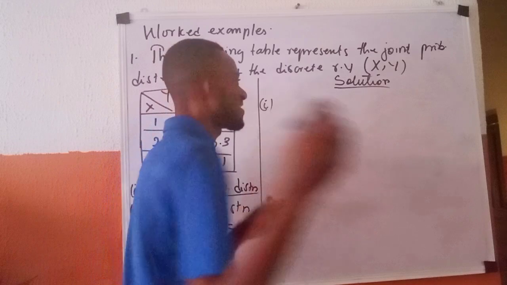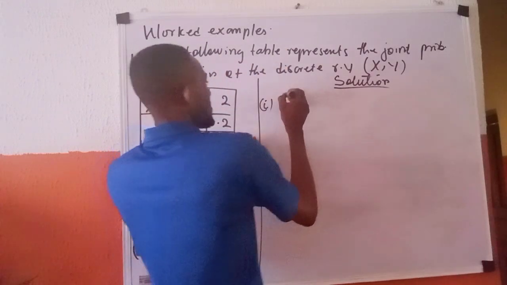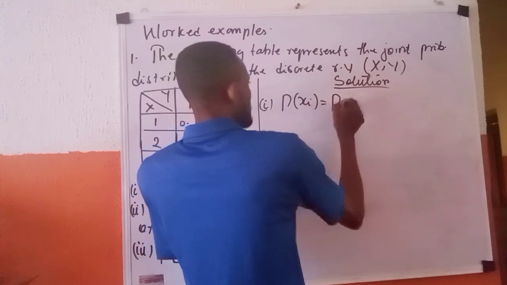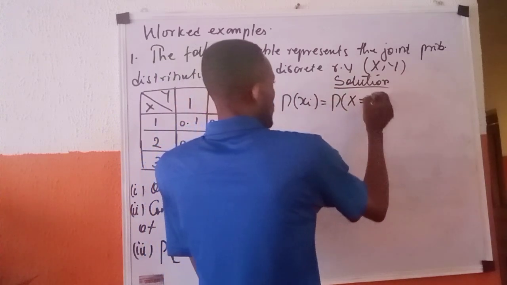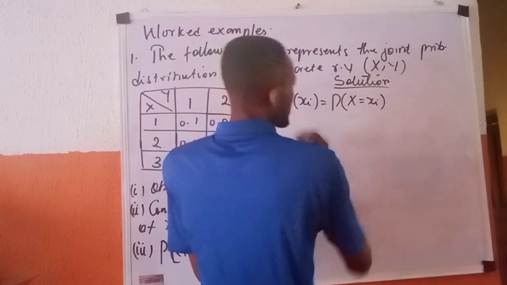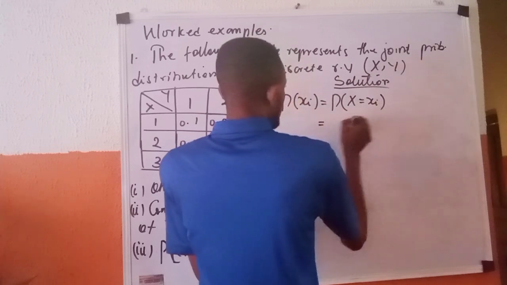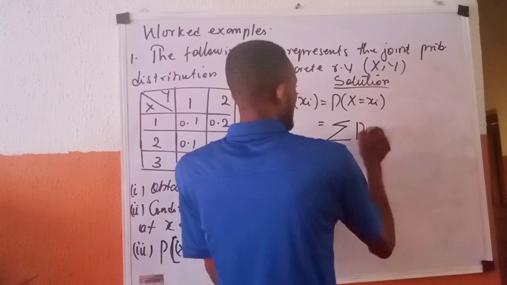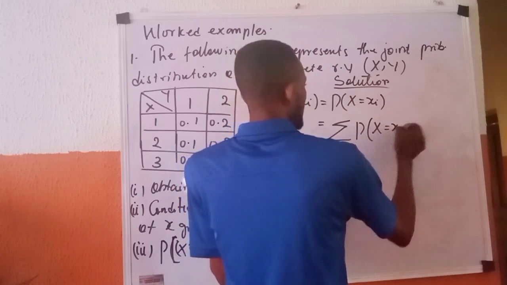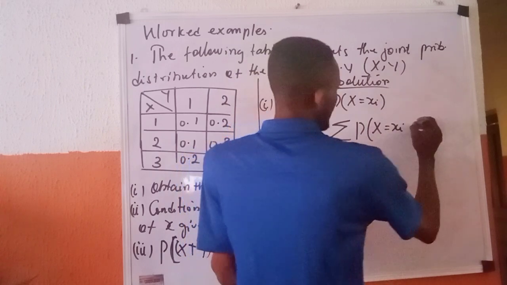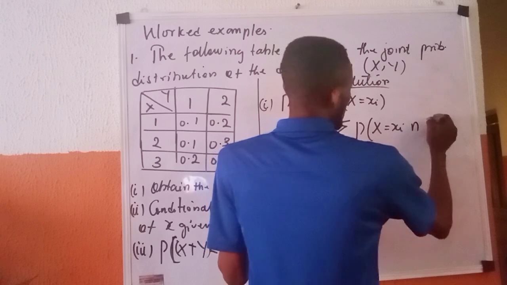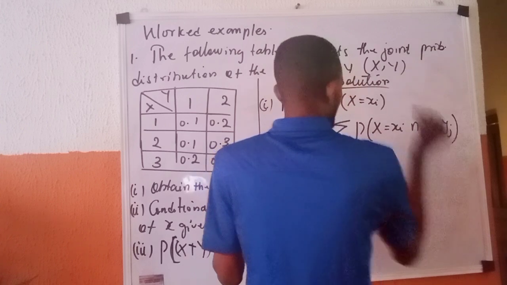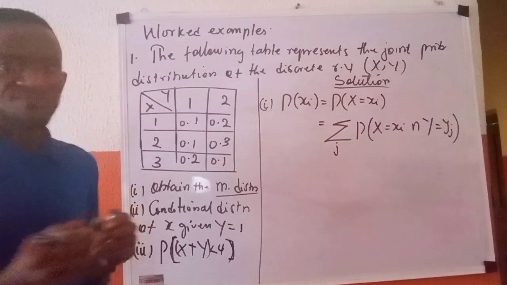Remember that the marginal distribution of x is given as P of xi, which is the same thing as P of capital X equals xi, which is the same thing as the summation over j of P of X equals xi intersection capital Y equals yj. This is the formula for that.